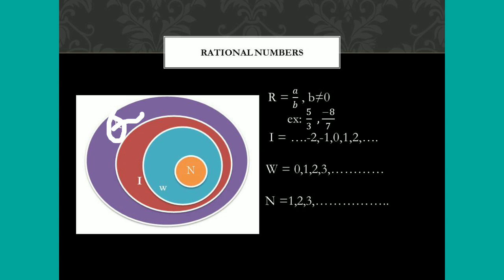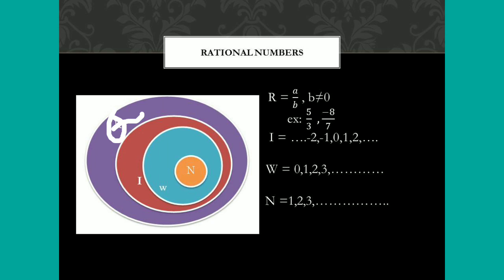In order to understand what rational numbers are, we first need to know some basic math definitions. Natural numbers are all numbers starting from 1, 2, 3, etc., continuing on into infinity, right? And whole numbers are all natural numbers including 0.